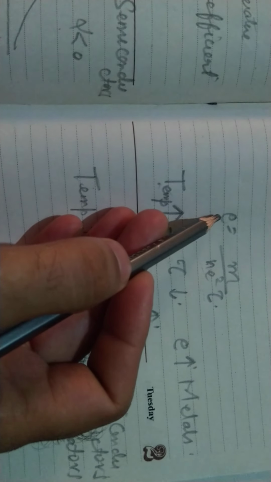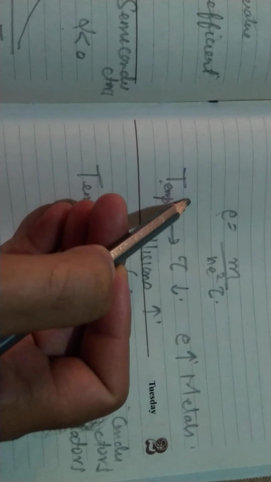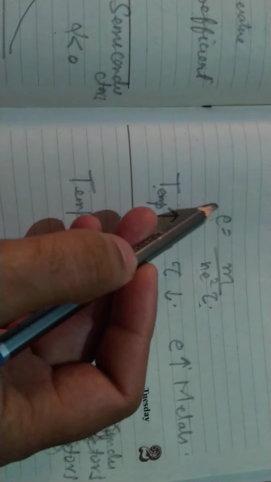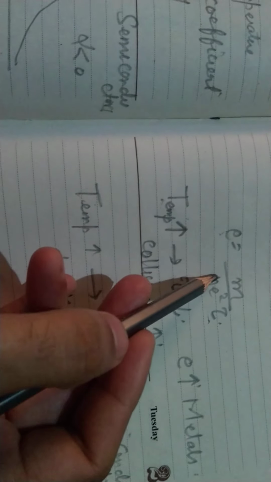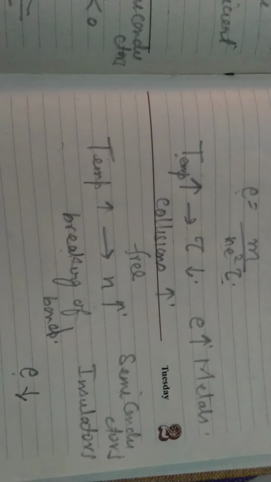Now when this n is increasing, it is very simple to understand that rho will decrease. So in metals tau is decreasing and rho is increasing, but in semiconductors n is increasing, so rho will decrease. So for semiconductors, when you increase the temperature, resistivity comes down.